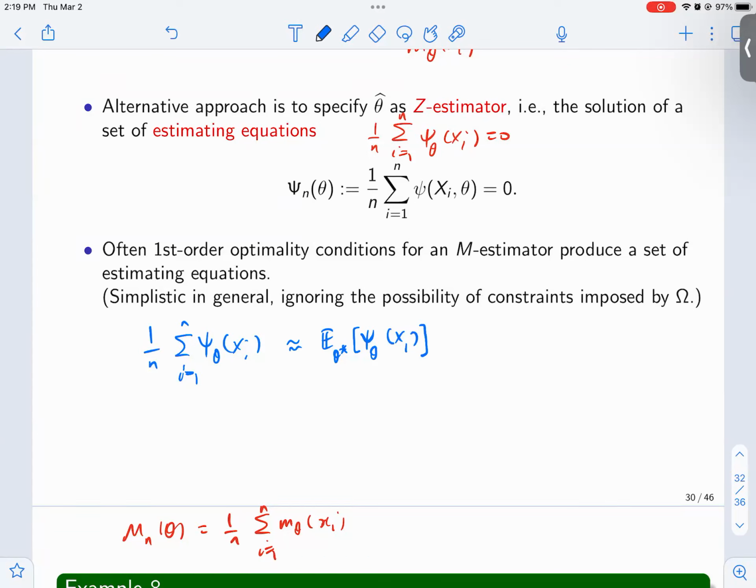What you're doing essentially is setting these empirical moments, based on psi, to 0 and then solving for theta. That's usually called the method of moments. And so this gives you generalized method of moments estimators.